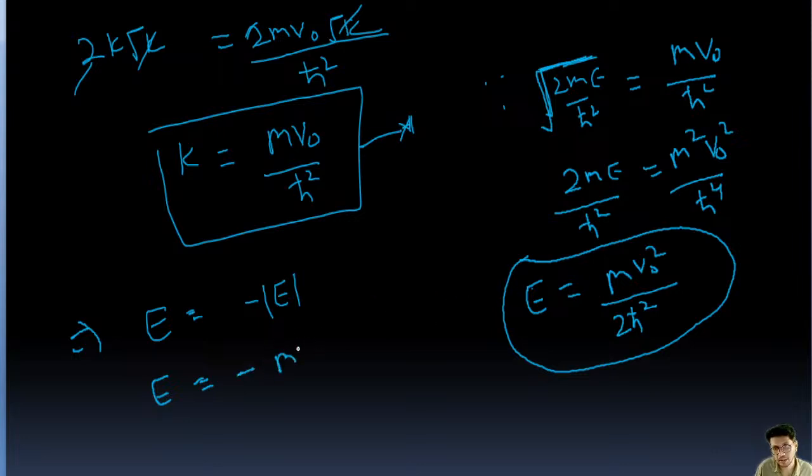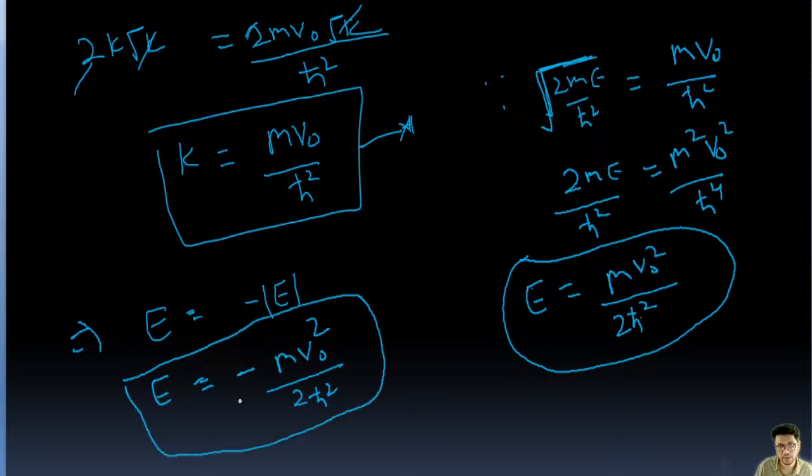So minus m v naught square upon 2 h cut square. This is the value of e for Dirac delta potential. Very important formula is this.